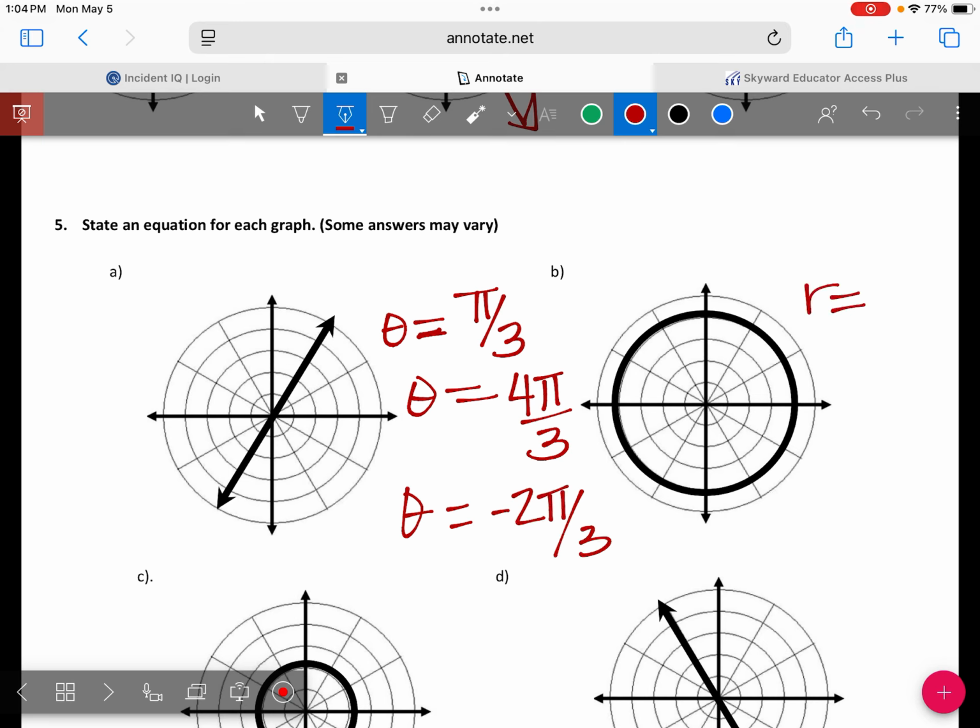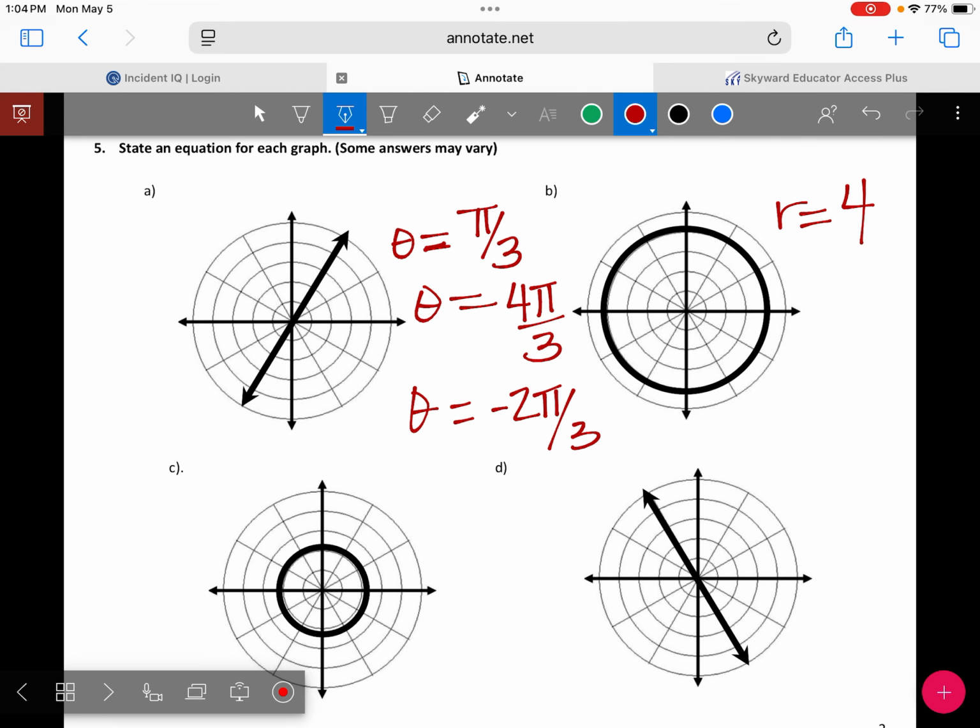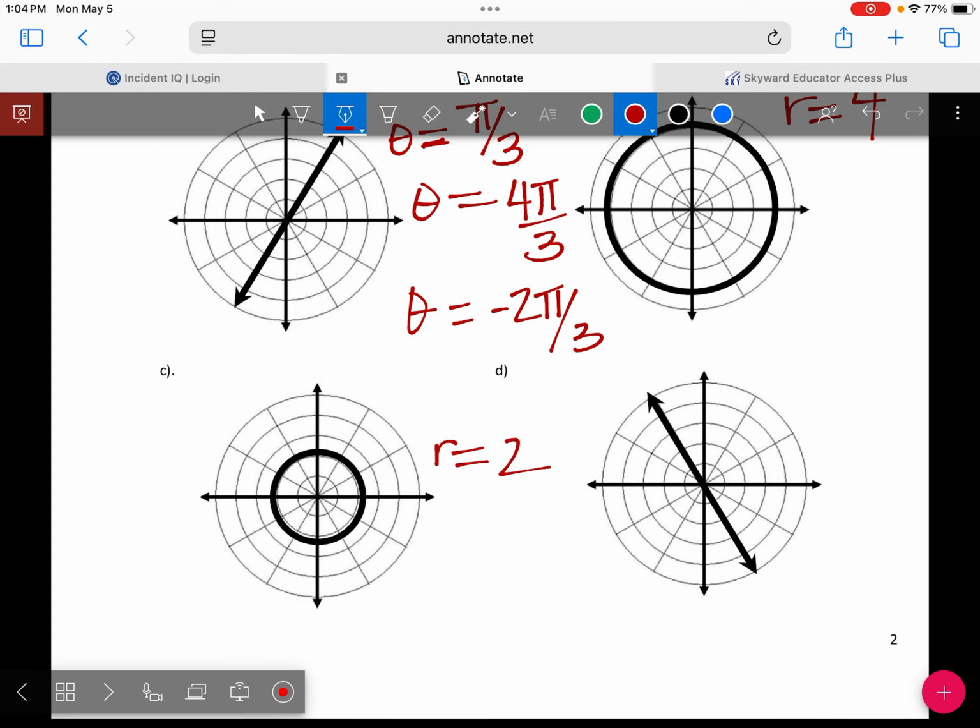R equals what? 4. And this one, R equals what? 2. All right, now let's talk about this line. What would that be? 2 pi over 3. Yep. Or what would it be if it's negative?